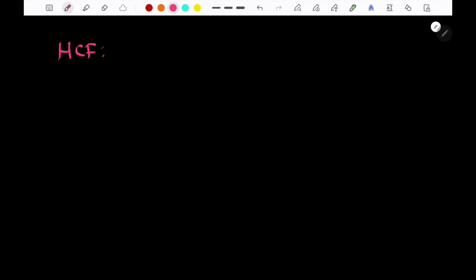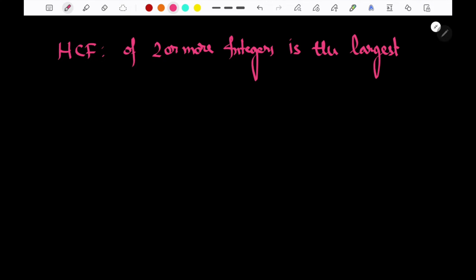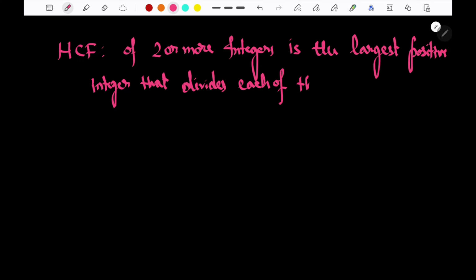What is HCF? HCF of two or more integers is the largest possible, or we can say largest positive integer, that divides each of these integers without remainder.